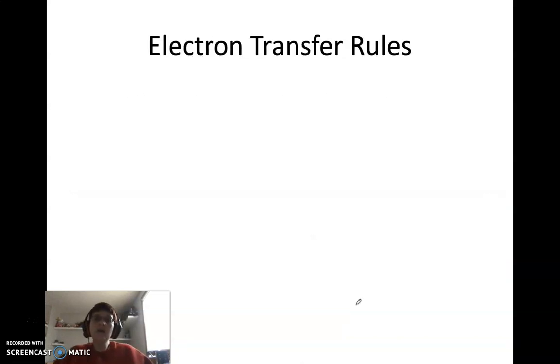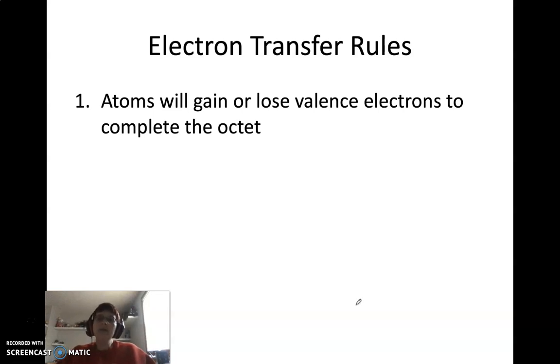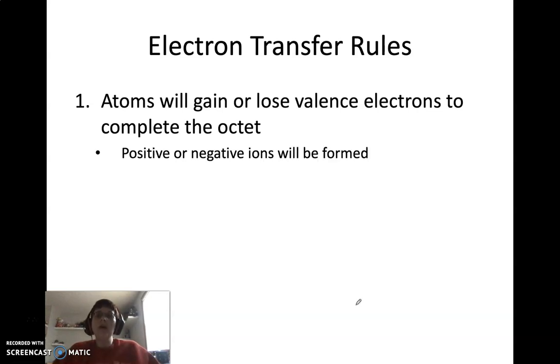So electron transfer rules. How does this work? The atoms will gain or lose valence electrons to complete their octet, and they're going to create those positive or negative ions. So if you have one or two electrons in your outermost shell, so you're just hanging out with one or maybe two, that means that you're going to lose those.